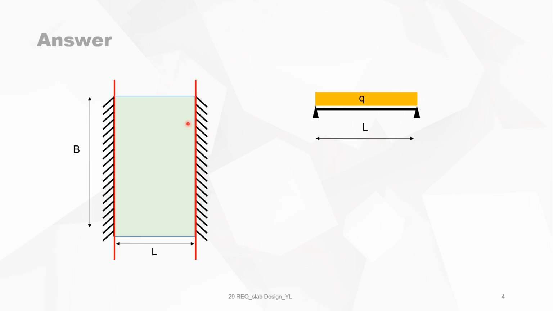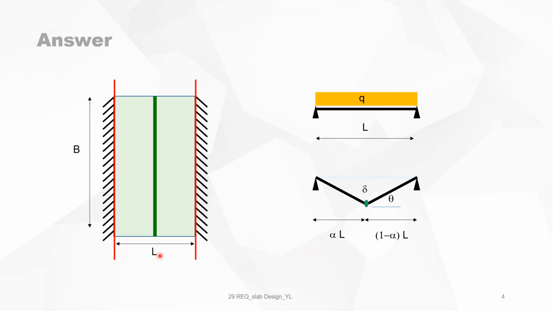So because those two are parallel to each other, this point is at distance infinity, or it means it must be parallel to those two axis lines too. So that means that the yield line is a straight line like this, but we do not know its position. It lies at a position alpha L, and then of course the other side is 1 minus alpha, times L.